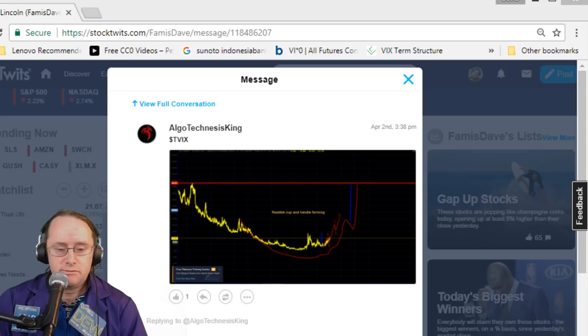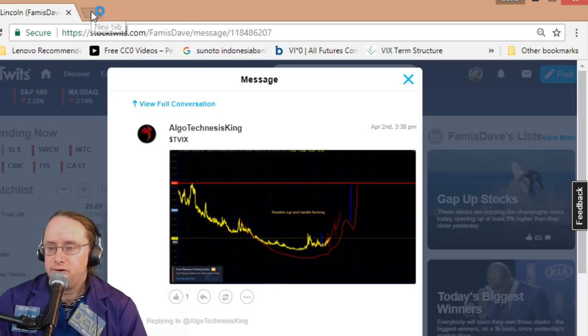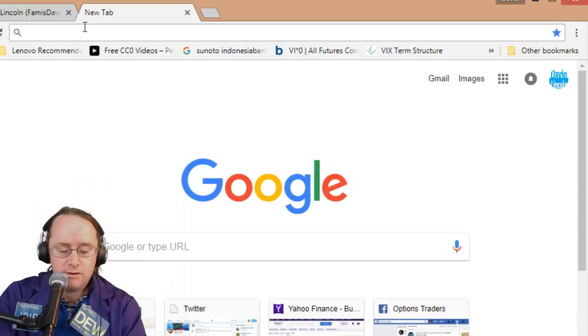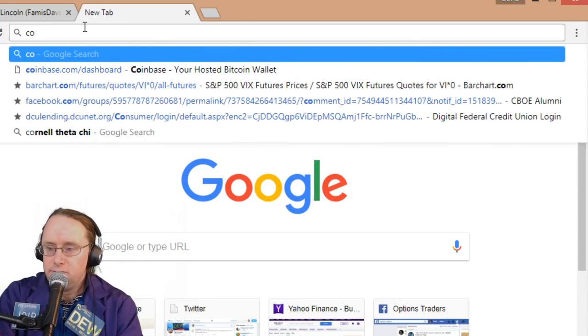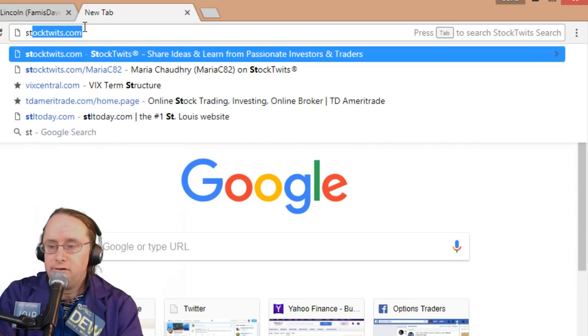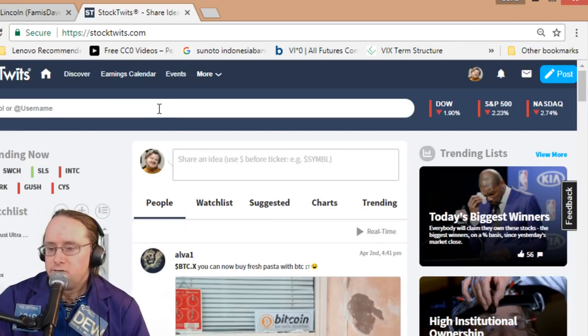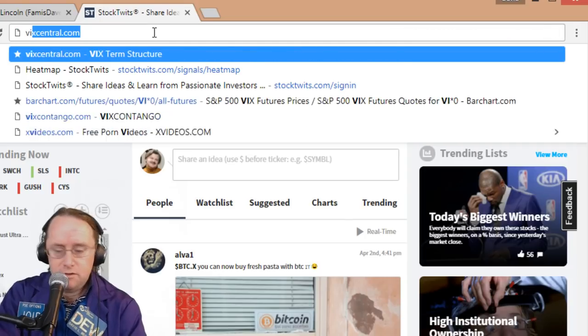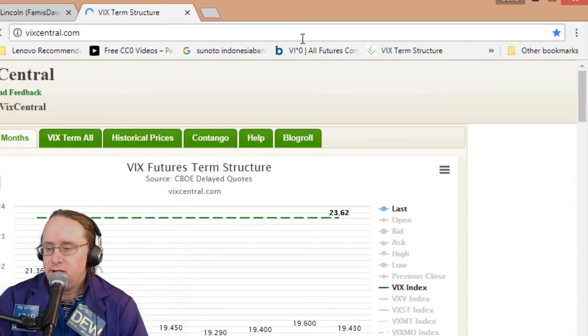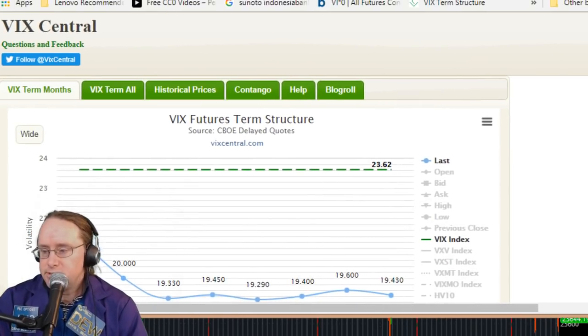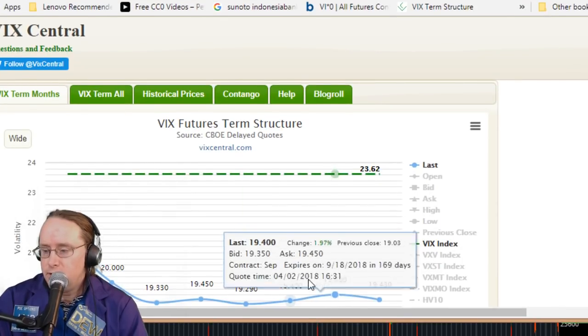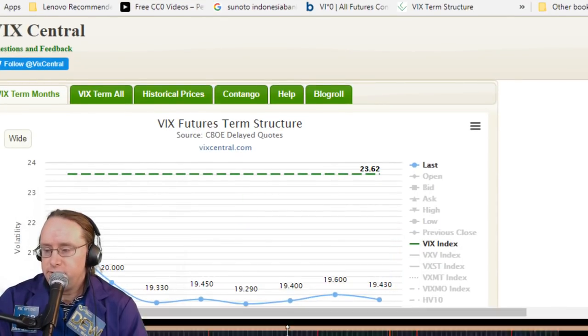The argument is that we don't have enough data from the limited time that VIX products have been trading, almost always in a bull market, to really predict what will happen to the term structure right now. And that seems to be a valid argument to me. So certainly now, with the term structure the way it is, the long VIX trade is favored.